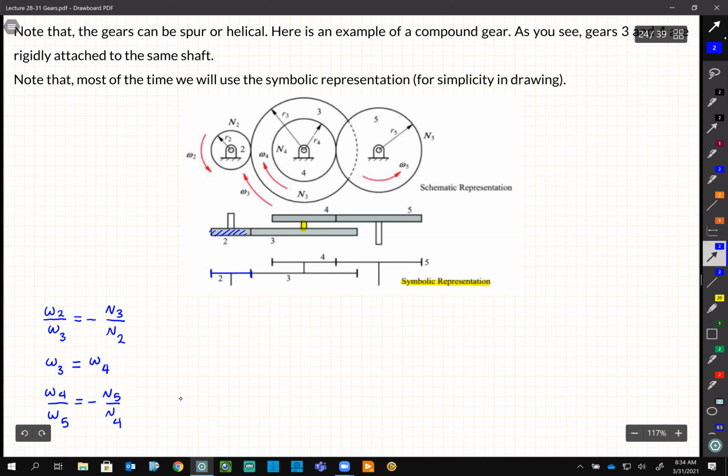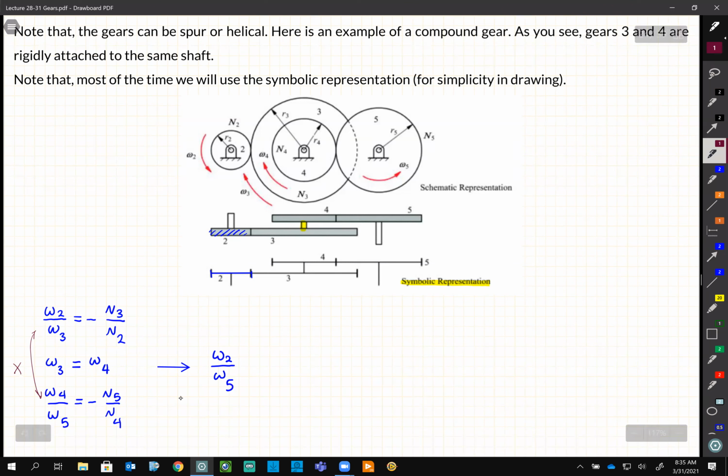So we will use all these 3 equations simply to find the ratio of omega-2 to omega-5. This is what we are looking for. So what do I need to do if I multiply these again?